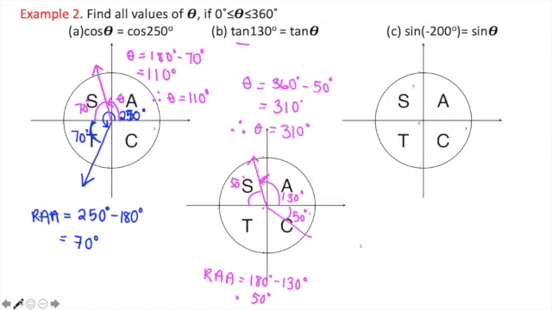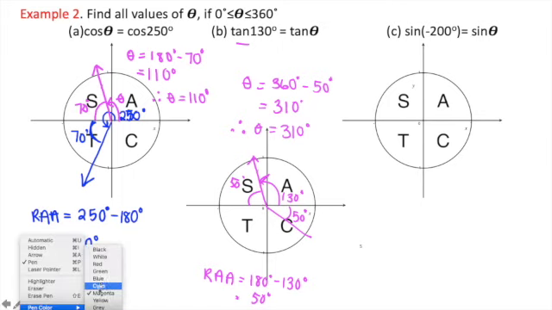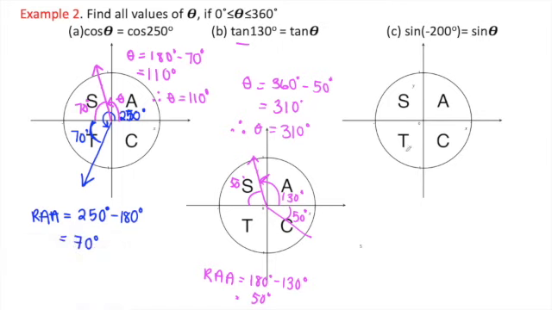Okay, same thing again. We've been through examples like these, so they should be somewhat making sense. Okay, so going to sine of negative 200 degrees equals sine theta. Because that negative is there, we're going to draw backwards that 200 degrees. So go back 180 degrees and then up another 20 degrees.